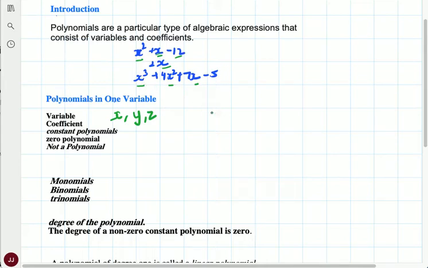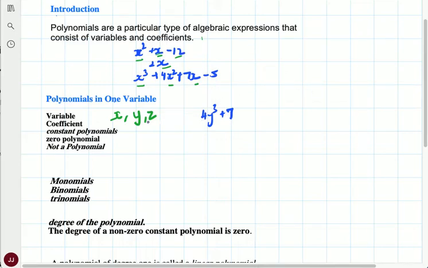So it can be 4y cube, it can be 4y cube plus 7. It doesn't matter what variables you use. You can use any variable we want. We can consistently use x and then y and z. You can use p, q. It doesn't matter. All of these constitute a polynomial.